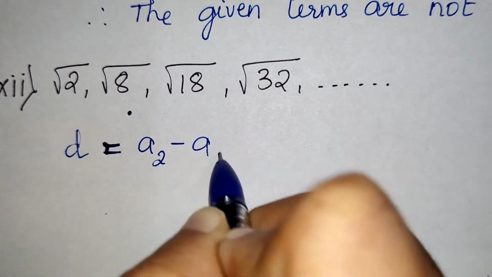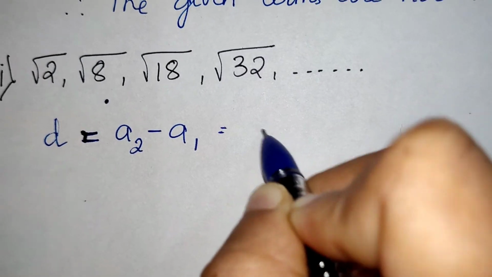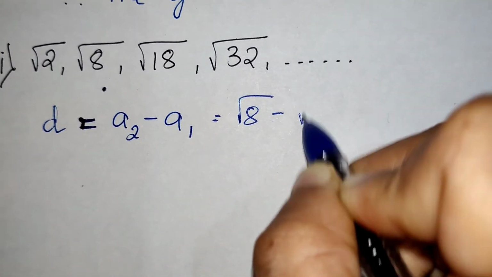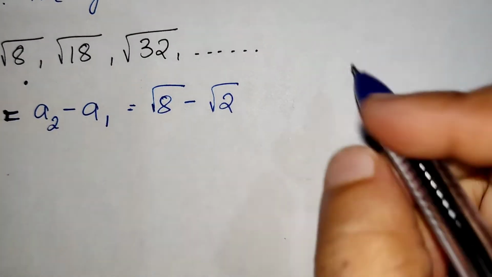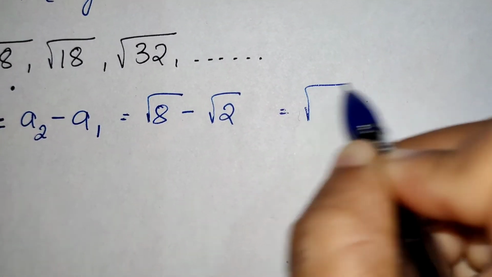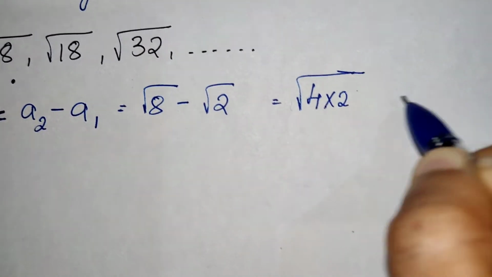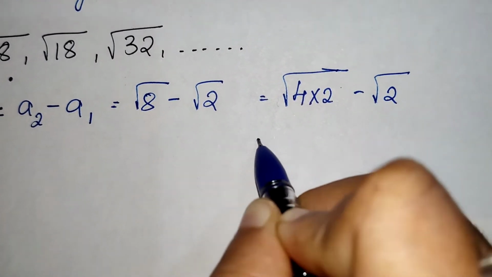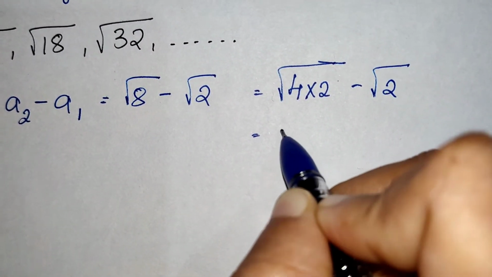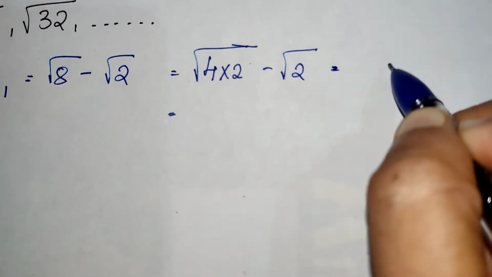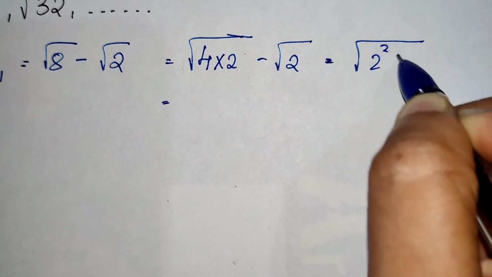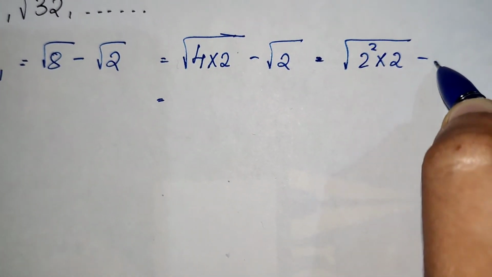a2 minus a1. So a2 is root 8 minus root 2. This root 8 I can write as root 4 into 2 minus root 2. So I'll write one more step here: root 2 square into 2 minus root 2.